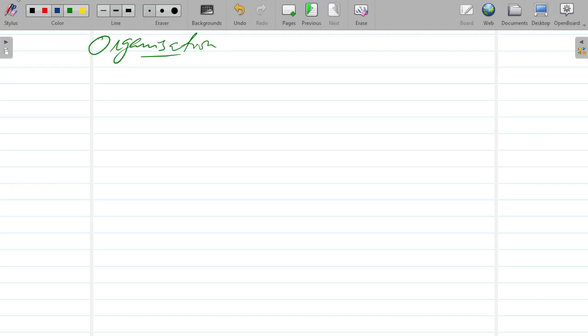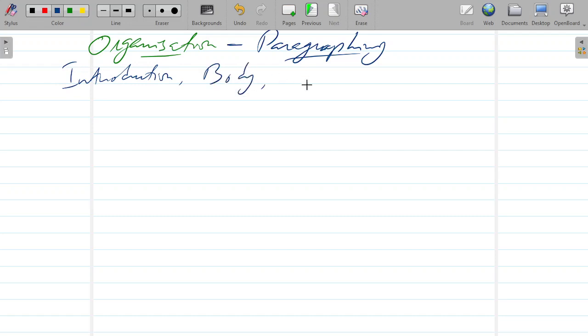Paragraph. Now, students generally have the notion that there should be three paragraphs and three paragraphs only: introduction, body, and conclusion.